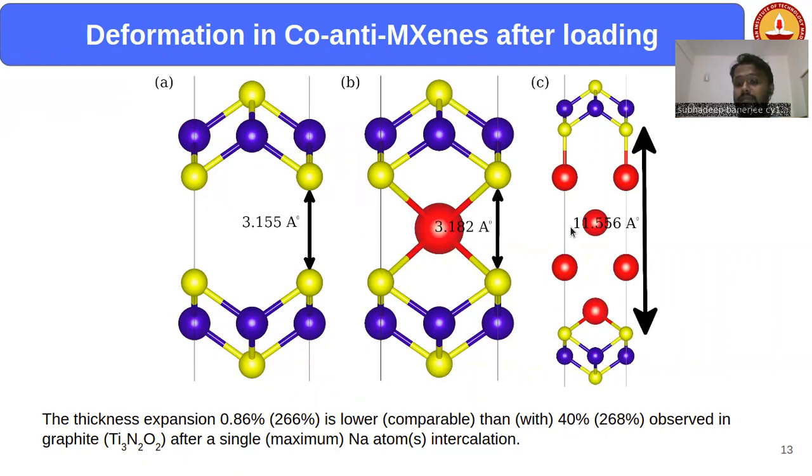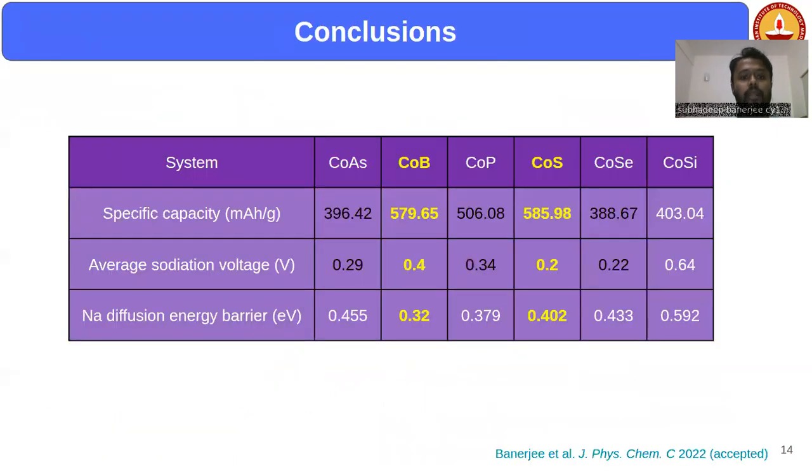And for the maximum sodium atoms loaded structure, the expansion is around 266%, which is comparable with titanium based MXene materials, which was observed around 268%. Therefore, from this comparison, we can say that in our studied cobalt anti-MXene materials, the deformation is not very high, so we can get reversibility from these materials.